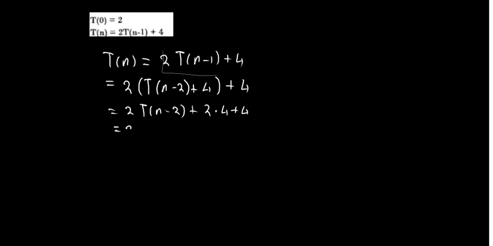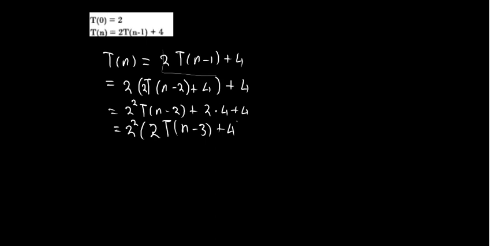Next thing is going to be 2 open brackets. Oh, there was supposed to be a 2 here, right? There's supposed to be a 2 here, so it's actually supposed to be 2 squared. Yeah, 2 squared. It's going to be 2 open brackets t of n minus 3 plus 4 there, right?